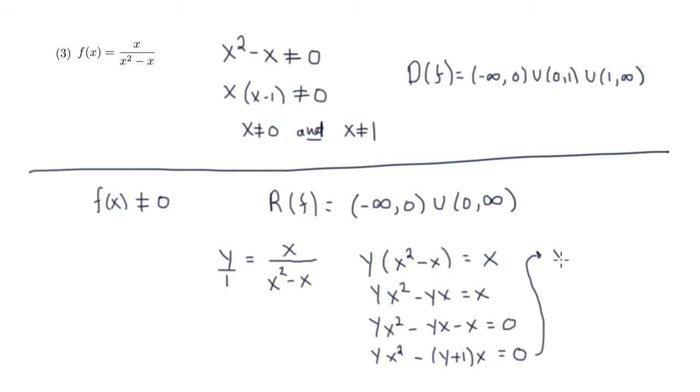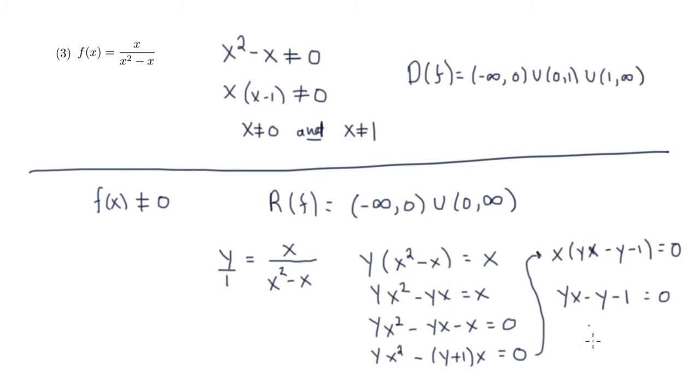So I have x times y times x, and what's left over is minus y plus 1, so just minus y minus 1. Either x is 0, but remember that we're excluding x equaling 0 because it's not in the domain. So it must be the case that yx minus y minus 1 equals 0.